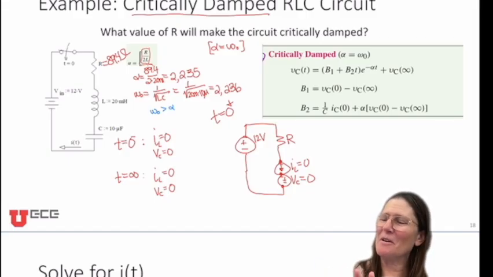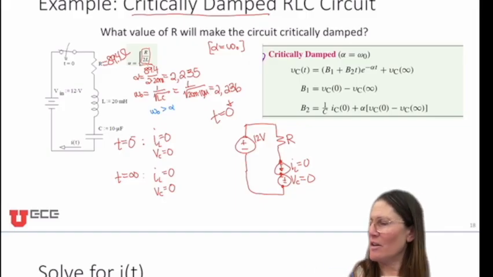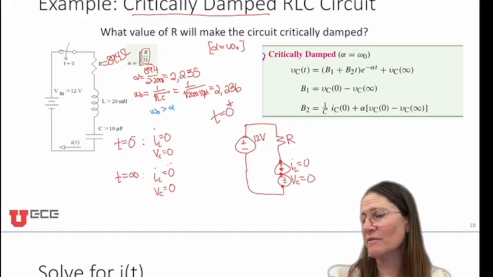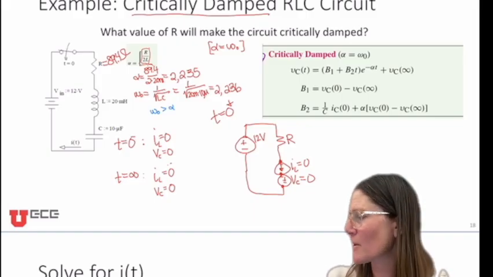I'm just trying to see why I am missing it. Because your B2 is not 0. VC at 0, it's going to be 0. VC at infinity. Oh, VC at infinity is not 0. That's where it is. Okay.